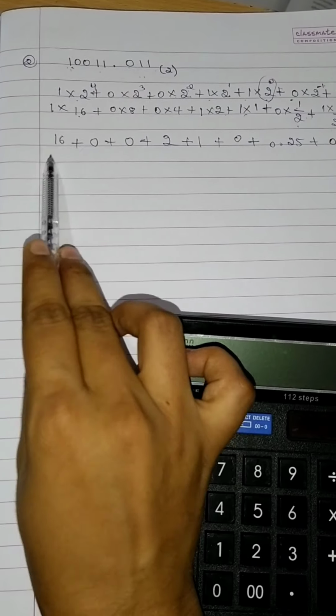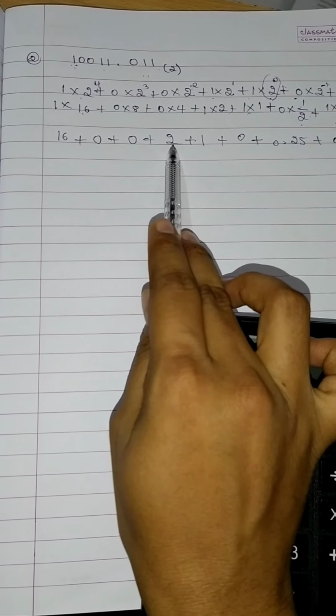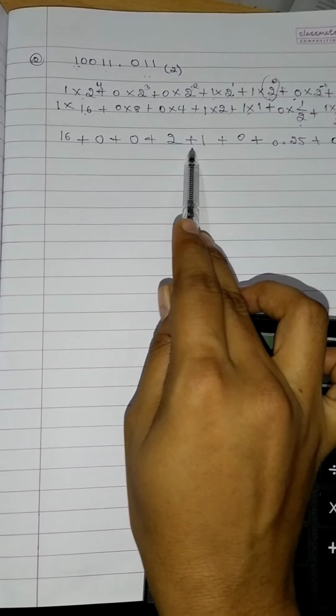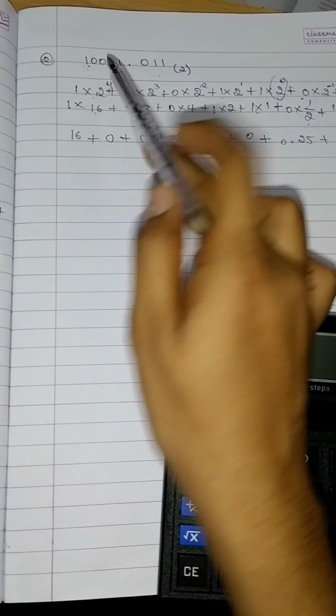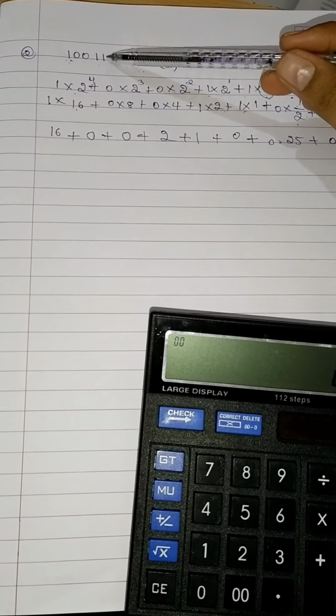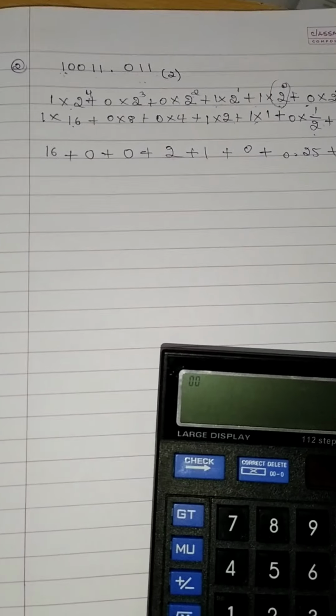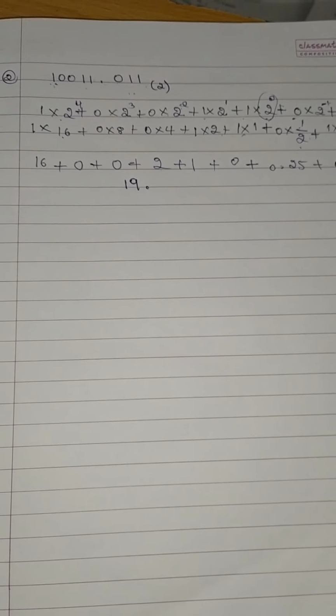Okay, so 16 plus 0 is 16, 16 plus 0 is 16, then 18, 19. Okay, so this is regarding the positive values, the number which resides left of the binary point, that we have to write separately. So this becomes 19.